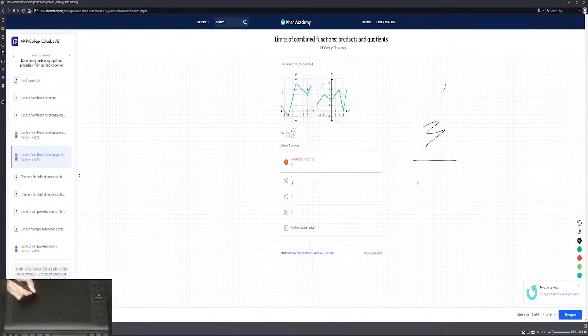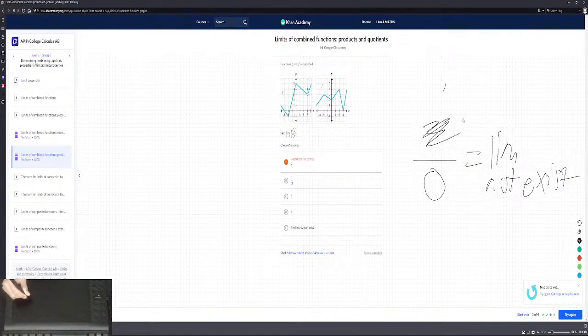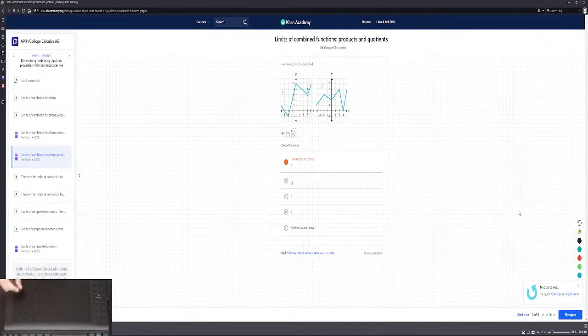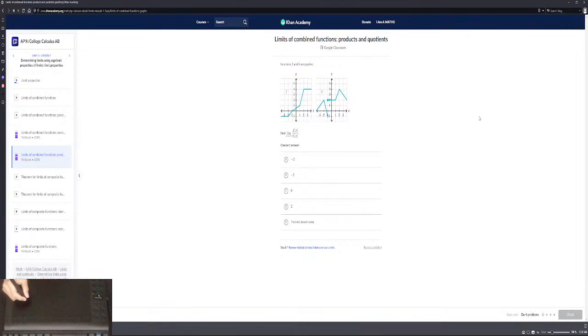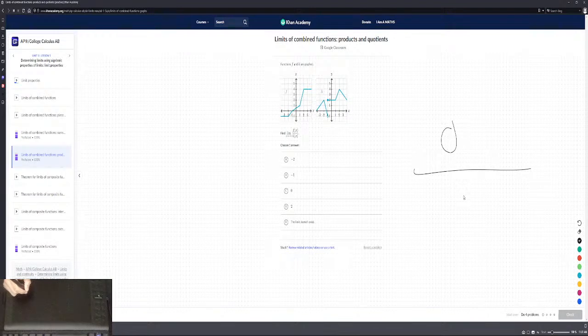So the limit does not exist when you have x over 0. This time it's 0 divided by something. So the limit would exist, but the result would be 0.